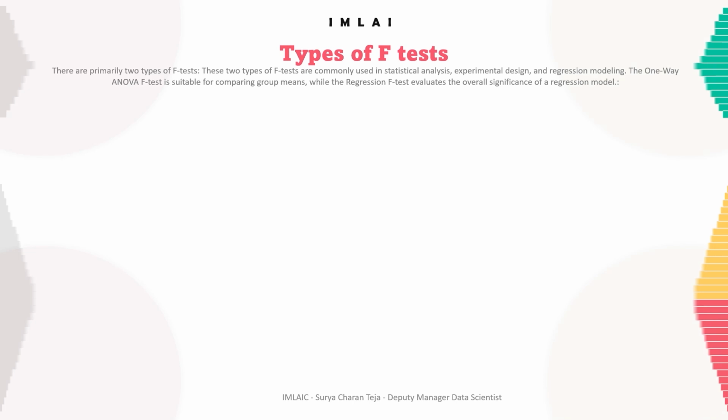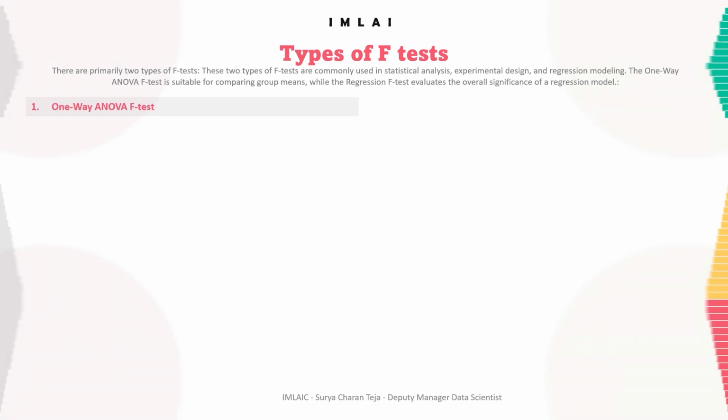So primarily there are two types of F tests. These two types are commonly used in statistical analysis, experimental design, and mainly regression modeling. We'll begin with the first one, the one-way F test.